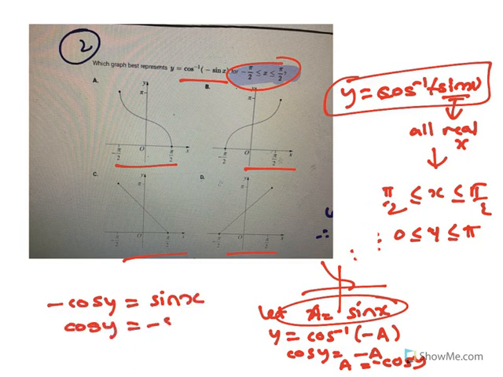So cos y would equal minus sine x. So that's cos y equals sine of minus x, sorry. So y would equal minus x, but it is restricted in the domain. Okay, so I'm just going to take that back and think about to here.